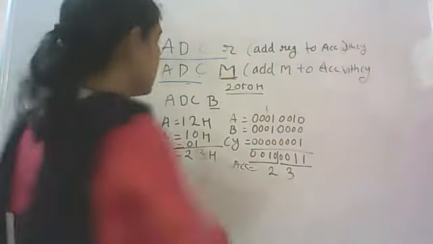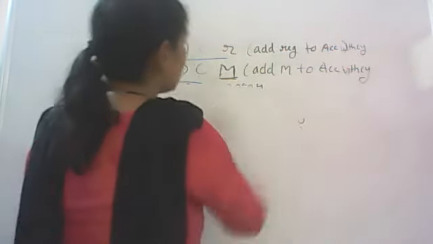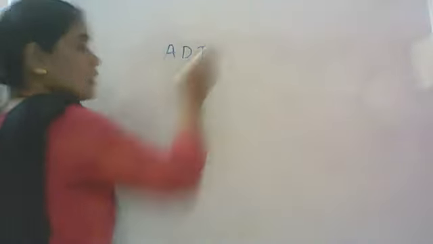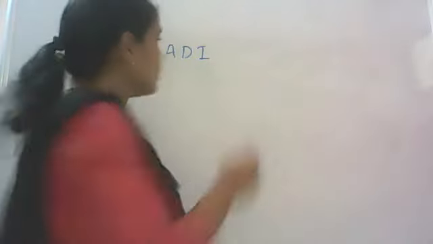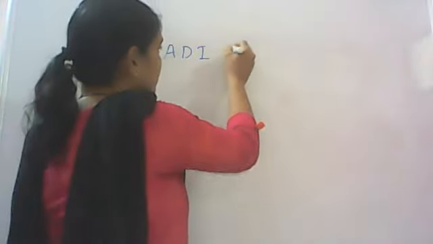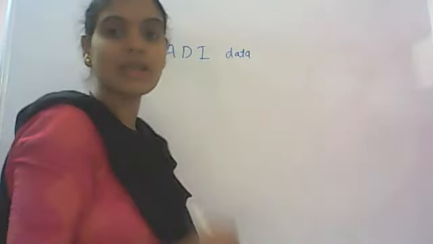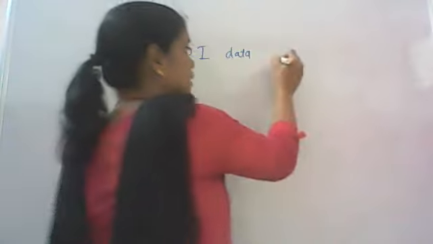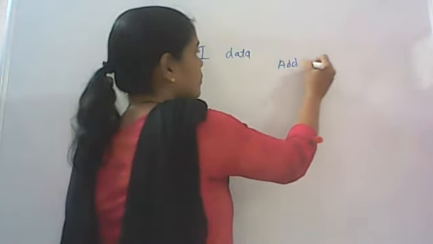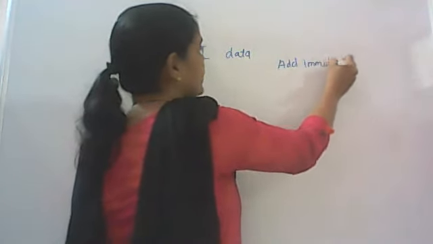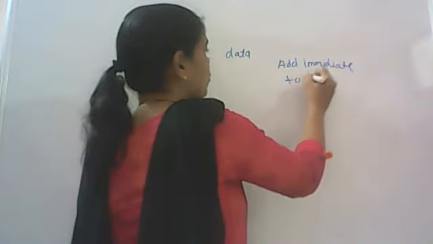Now we see the next instruction, that is ADI, with 8-bit data. This instruction is add immediate to accumulator.